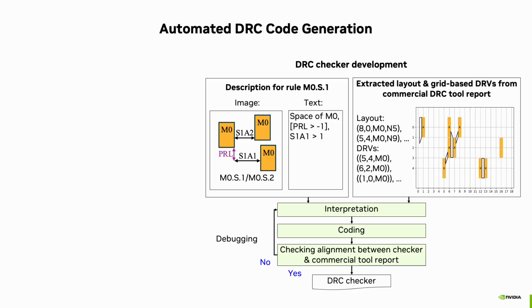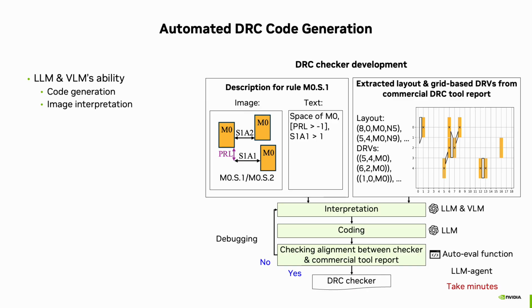So we are thinking whether we can automate this DRC coding process. Inspired by the recent advances in large language models and vision language models' ability in code generation and image interpretation, we are thinking about how we can use the LLM and the VLM to help us with this DRC code.